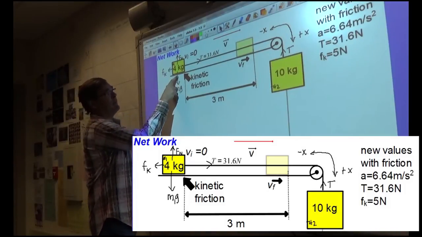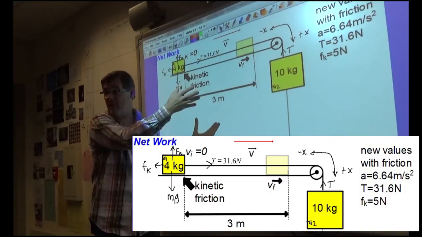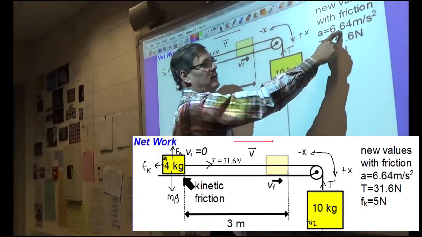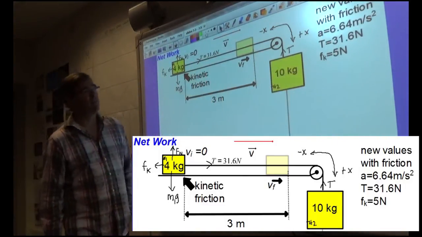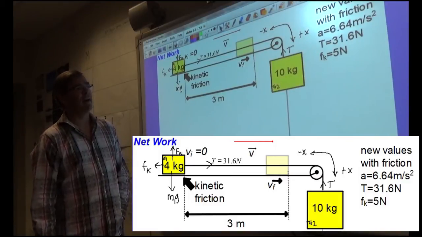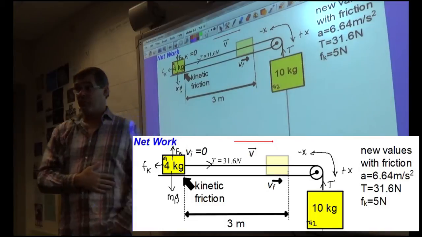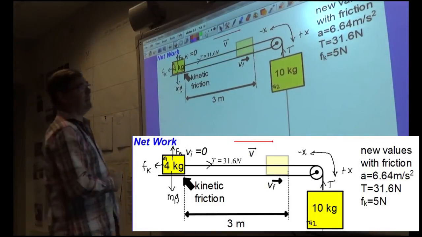Now that we have kinetic friction here, as we expect, that friction is going to slow it down somewhat. And so when you do the calculations again, you see that we get something less than 7. We get 6.64 meters per second squared as our acceleration. And the tension in the string becomes slightly greater because the acceleration is less.